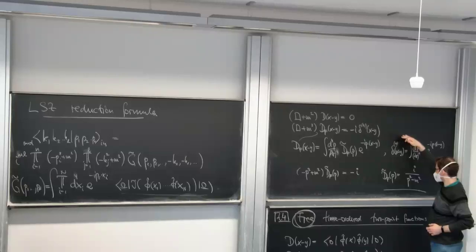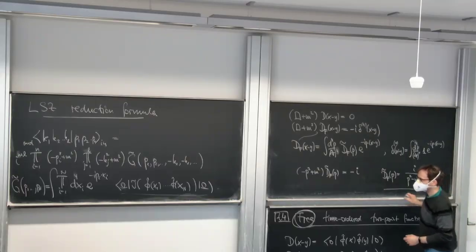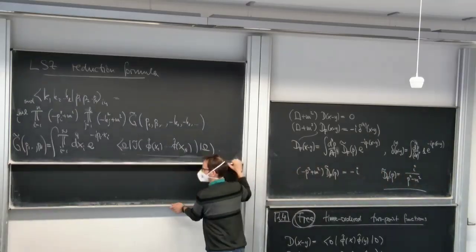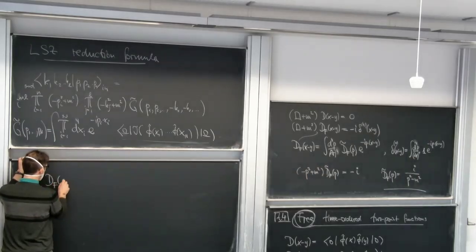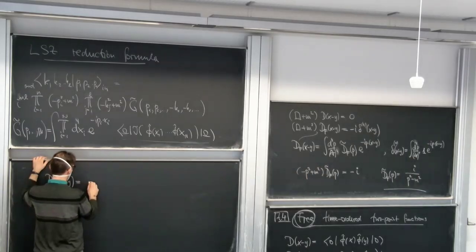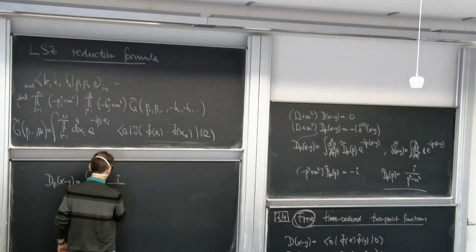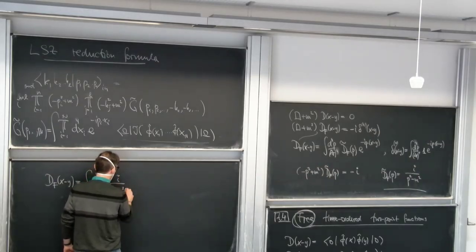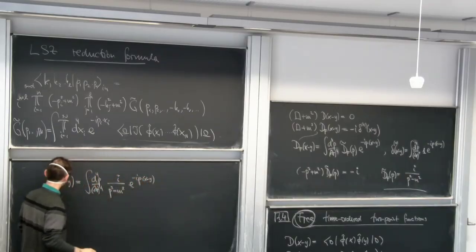And if I insert it back here, D_F of x minus y is equal to the integral d^4p over (2π)^4 of i divided by p squared minus m squared, times e to the minus i p times (x minus y).